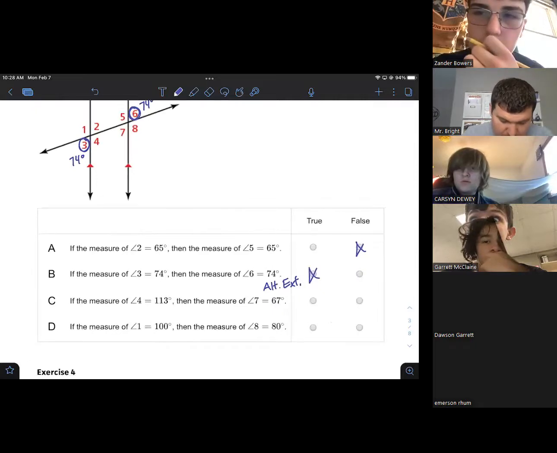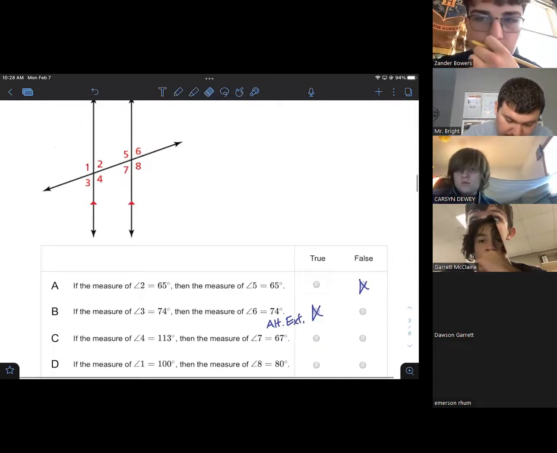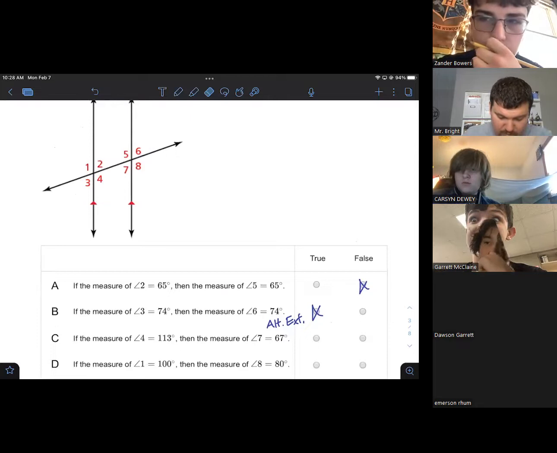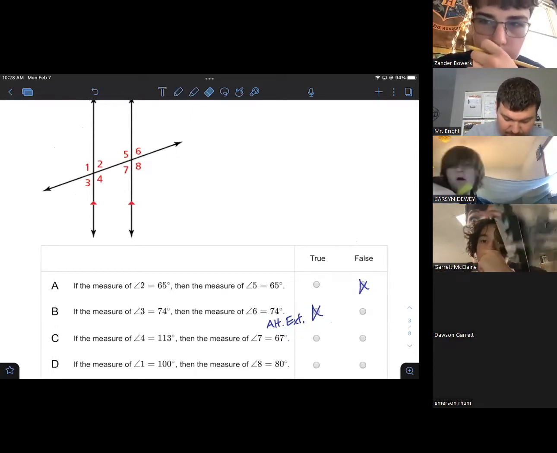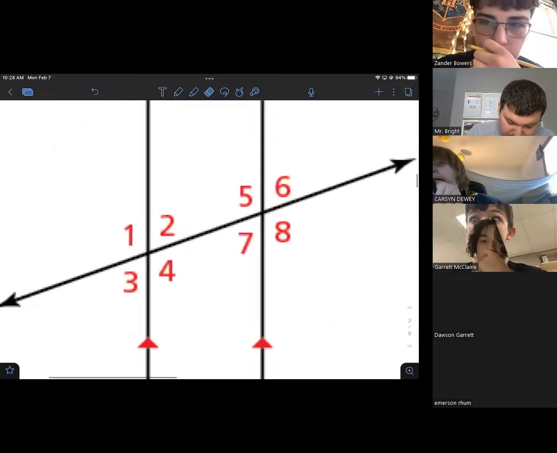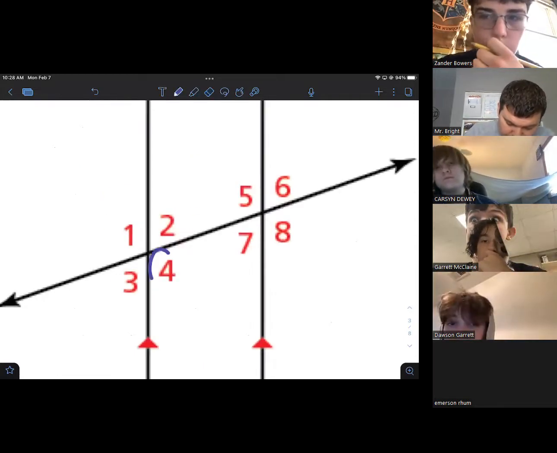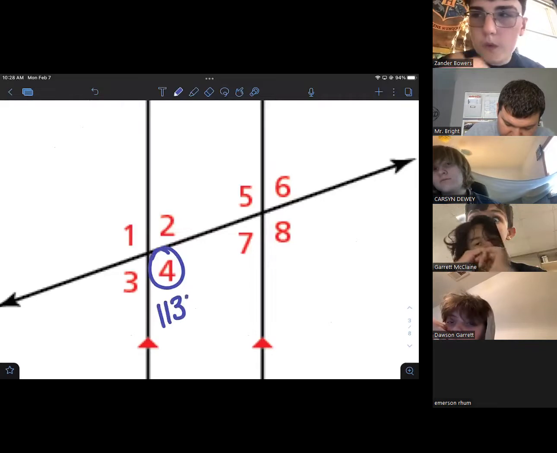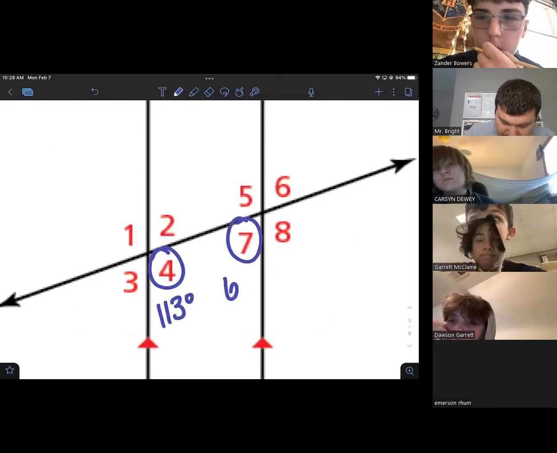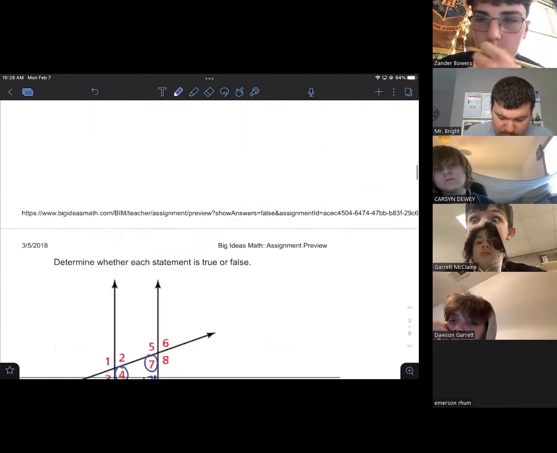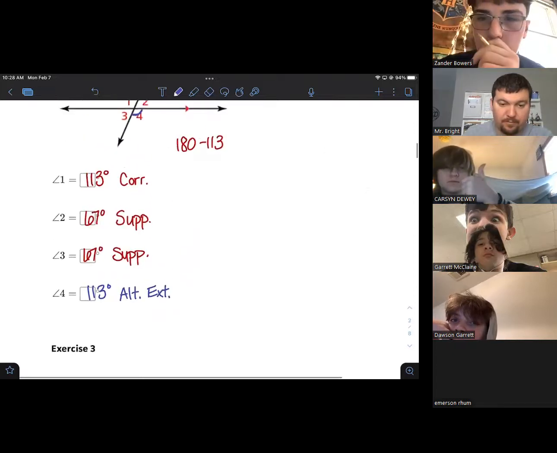Okay. All right. Let's move on to C. C says if angle 4 is 113 degrees, then angle 7 has to be 67 degrees. I feel like these are the same numbers we used in our last problem. They are.